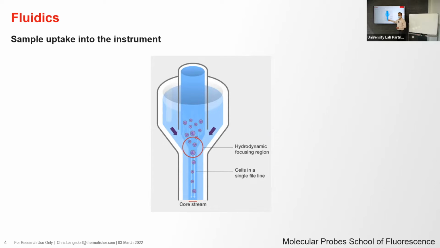Often this can be 5,000 cells per second, 30,000 cells per second that are passing through our interrogation point. But it's this squeezing that makes our cells go through very quickly. And so we can analyze 10,000 cells or 1,000,000 cells or 10,000 exosomes or whatever you are studying very quickly.